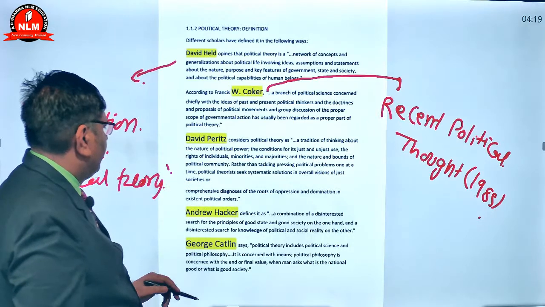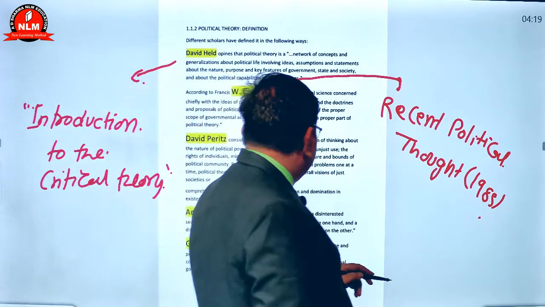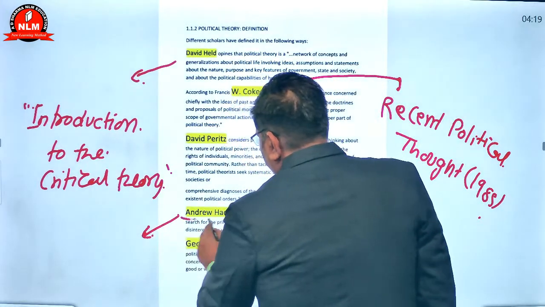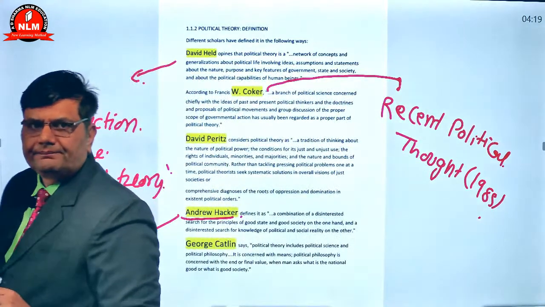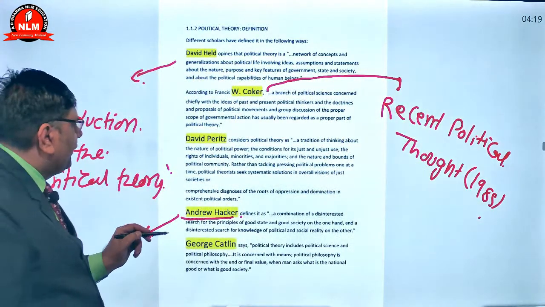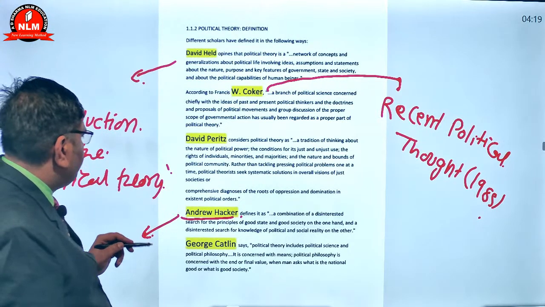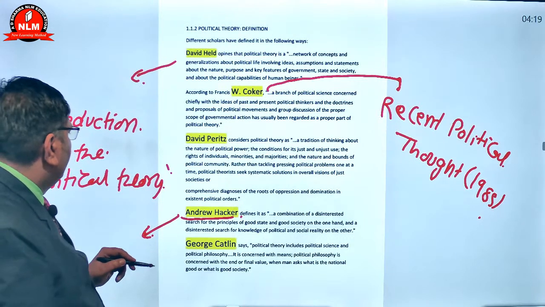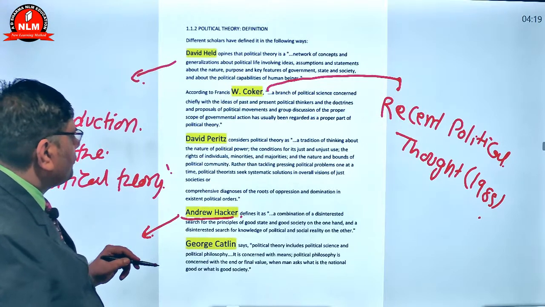Andrew Hacker is also a famous political scientist. He believed in empirical political theory. He defined political theory as a combination of a disinterested search for the principles of a good state and good society on the one hand, and a disinterested search for knowledge of political and social reality on the other.